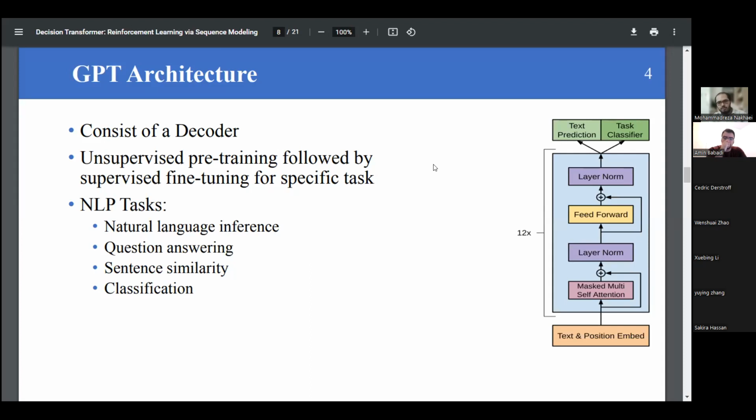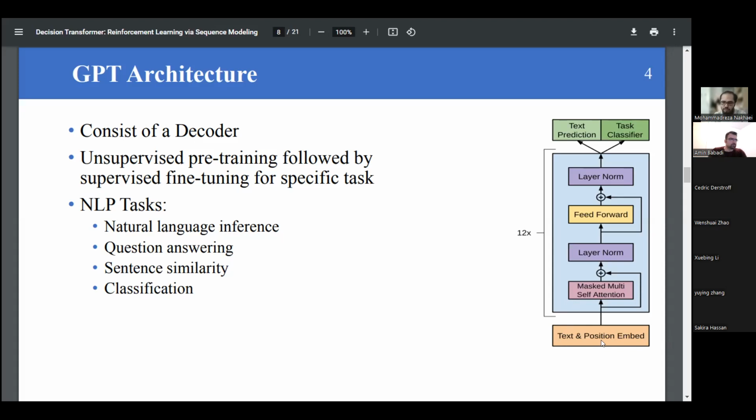As you can see, the original architecture consists of 12 blocks, but in the paper, the authors made some modifications. The first one is that instead of text and position embeddings, we do not need text embedding because in reinforcement learning, we are dealing with numerical states, actions and rewards.